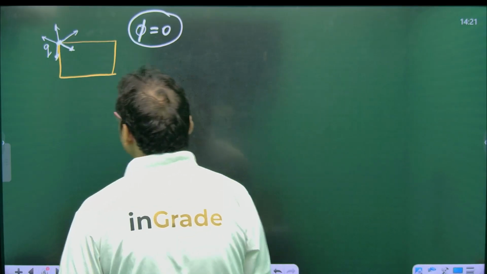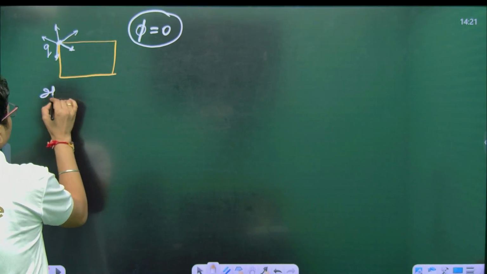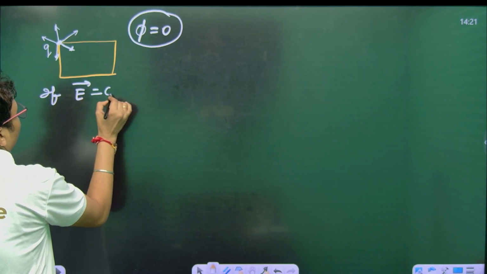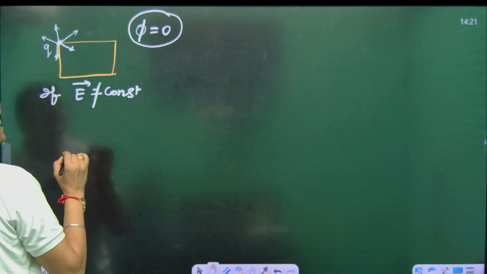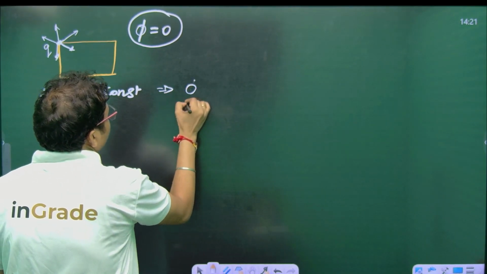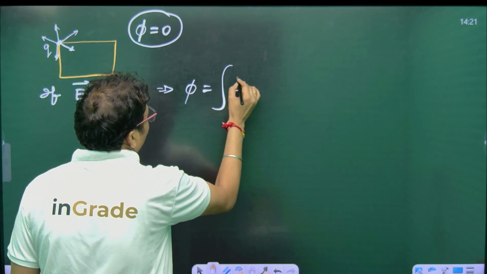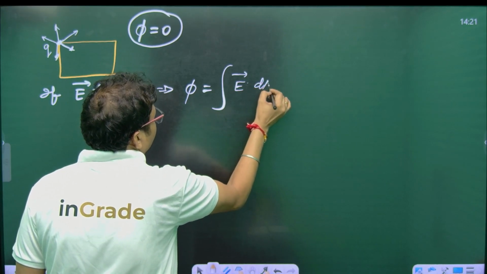Now if E is not constant, if it is not a uniform electric field, then phi will be the integration of E dot dA.